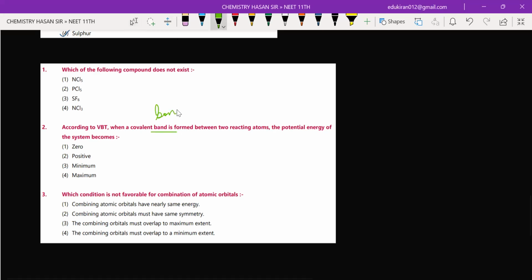It is a printing mistake. Very good, it's correct. Yes, it is correct, Rishita.